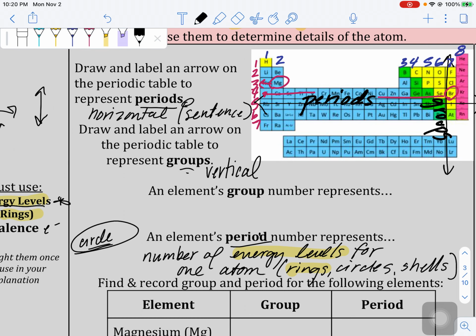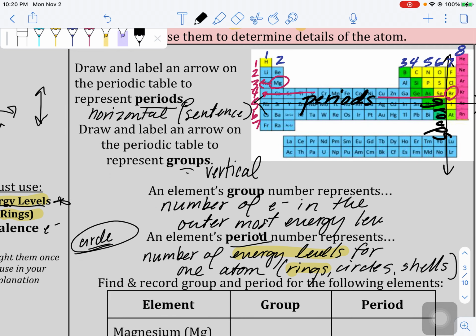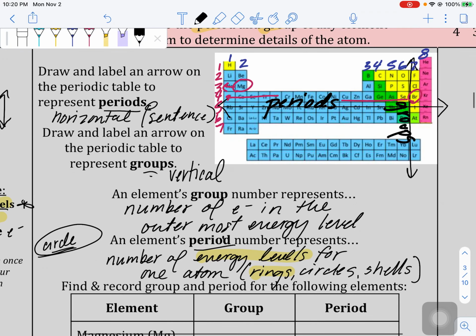Group number is representing the number of electrons in just the outermost energy level. Not the total amount of electrons, but the number in the outermost ring. And those electrons have a special name that we'll be using quite a bit this week.